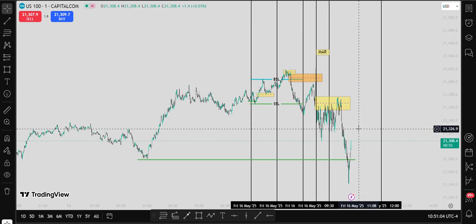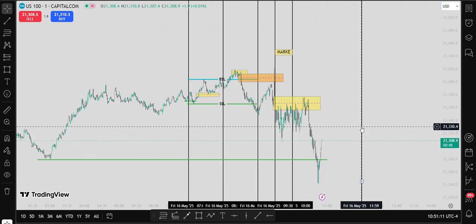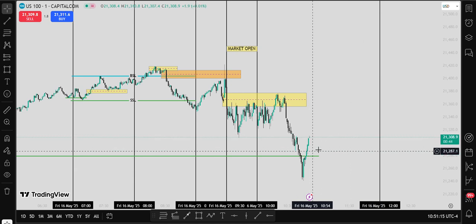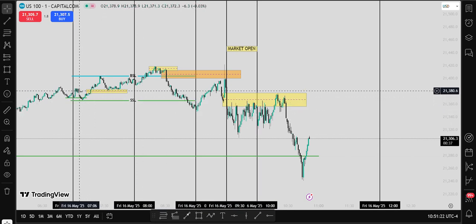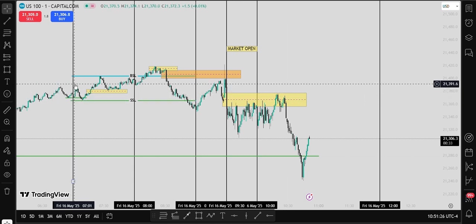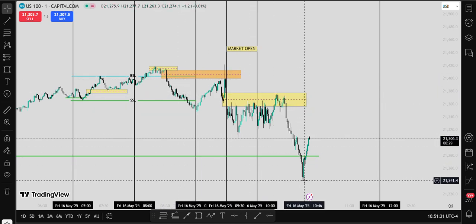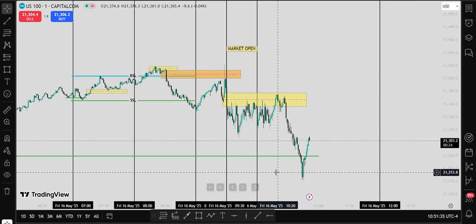So if I was to give a narrative that is going to occur after this, since we are at market open, there are higher chances that whatever you're seeing currently, that is from 7 a.m., the market has been selling all the way to around 10:50, 10:30, 10:45.